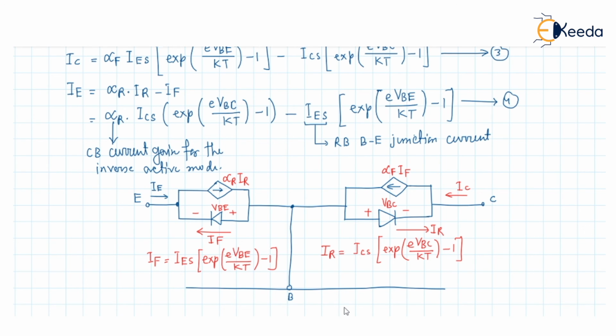So this is the equivalent Ebers-Moll model of the BJT.